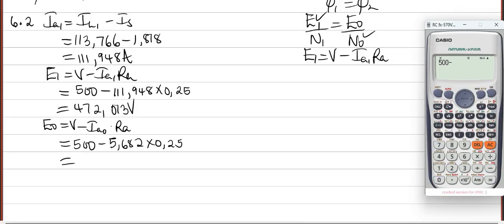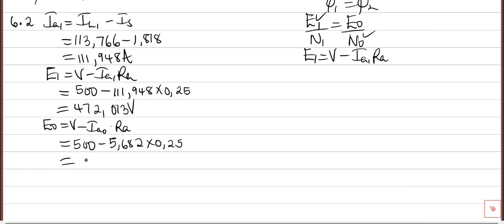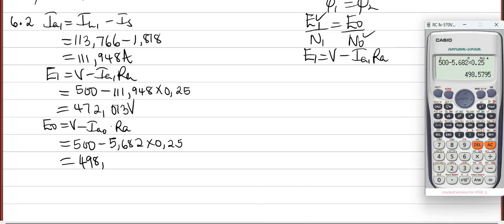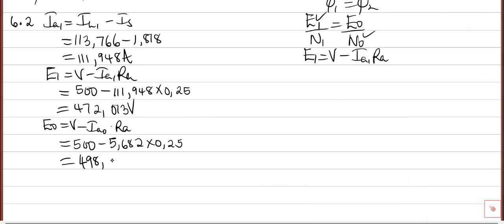That gives 498,57 or 58, because the 9 is affected by the 5, so you move on to the second decimal. It's going to be 58 volts.